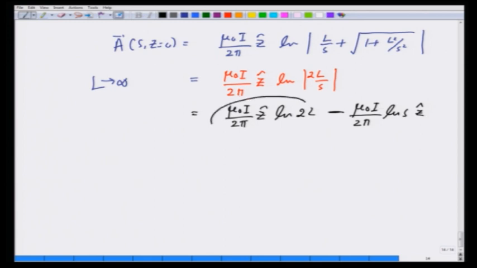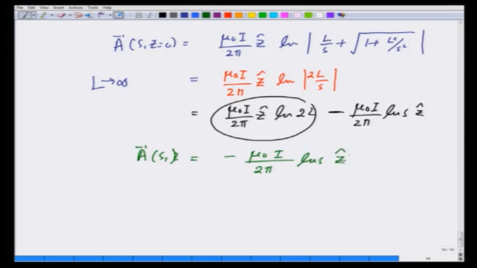This part goes to infinity as L goes to infinity. So, I can ignore this. I mean, this is just addition of infinity. So, the s dependence actually comes out to be A of s. z it does not depend on. So, I may write it as equal to mu naught I over 2 pi log s in the z direction. Indeed, the answer we had obtained earlier.